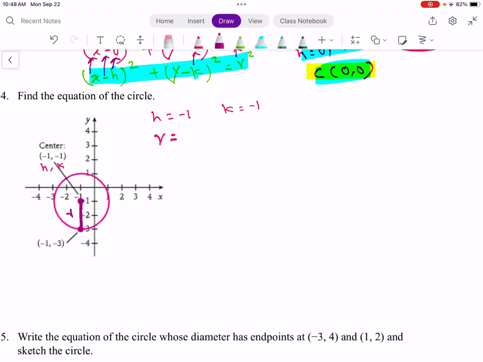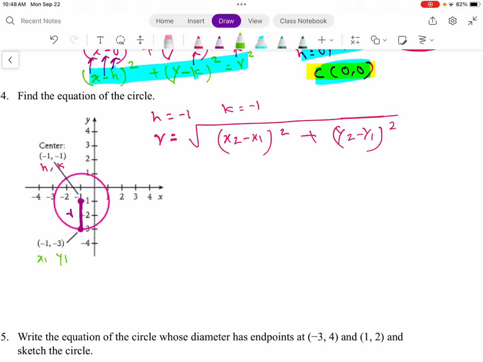We use the distance formula to find the radius: the square root of (x₂ − x₁)² + (y₂ − y₁)². Let's call this point (x₁, y₁) and let's call the second point, the center, (x₂, y₂).